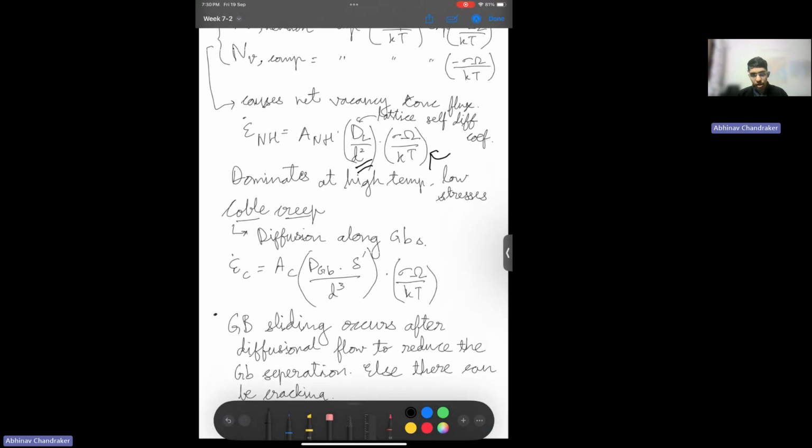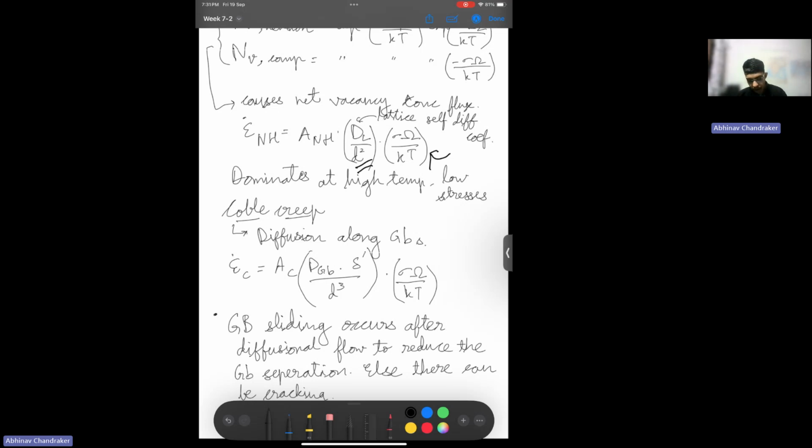This happens at lower temperatures, more dominant at lower temperatures, like still above 0.5 Tm, but lower compared to that of NH creep, because the activation energy for vacancy diffusion along grain boundaries is much lower than that in the interior of the grain.